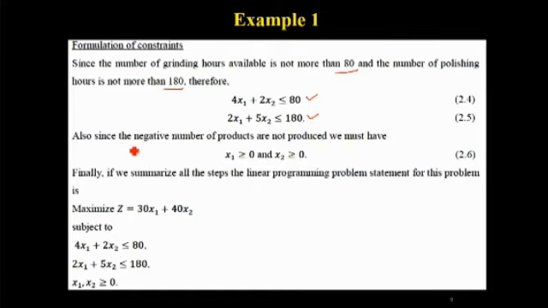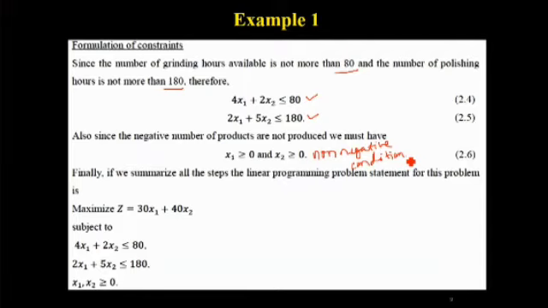And the third one is what? We are producing products, so products cannot be negative, maybe 0 or positive. So what will be the other constraint? It will be x1 greater than or equal to 0, x2 greater than or equal to 0. This is also called the non-negative condition, and it will always be there.